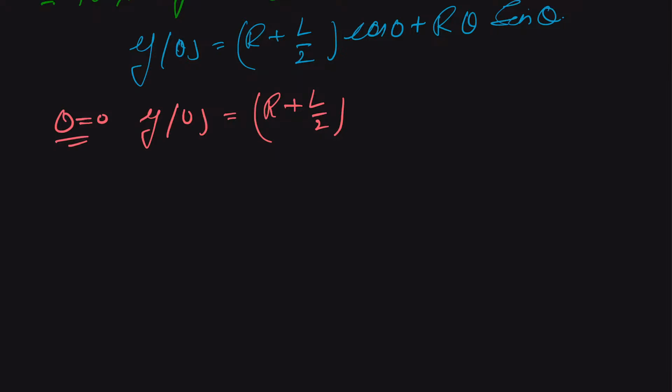Now we come to our final part, the test of stability. For the test of stability we are interested in finding its potential energy. That's why we calculated the vertical component, because it is going to move from the height y of theta. From there we are going to take its derivative and find the condition for stability.